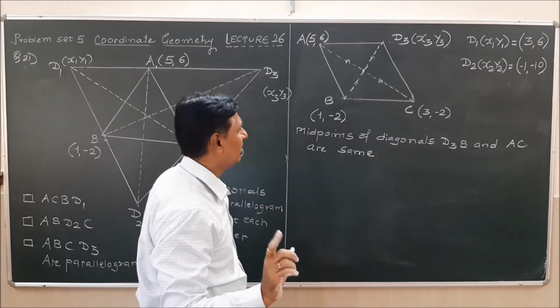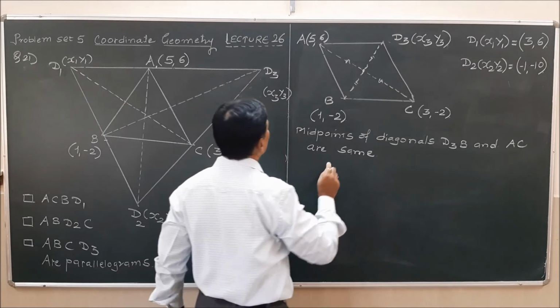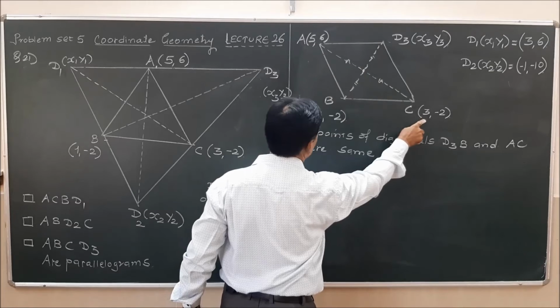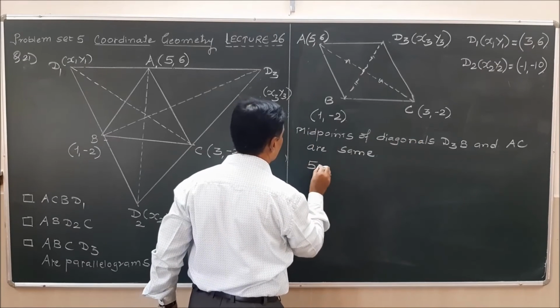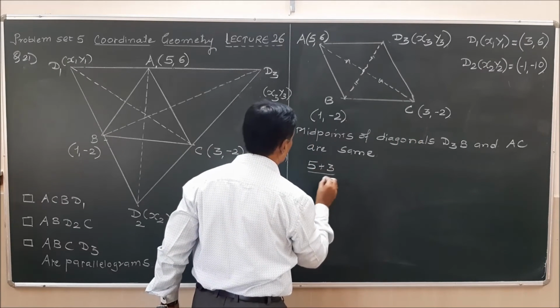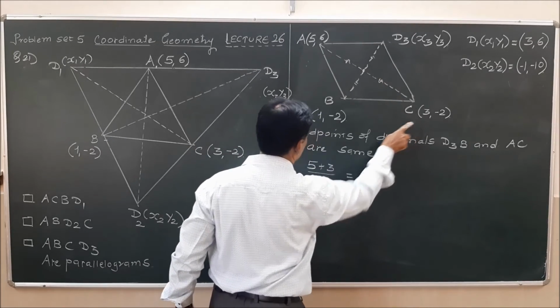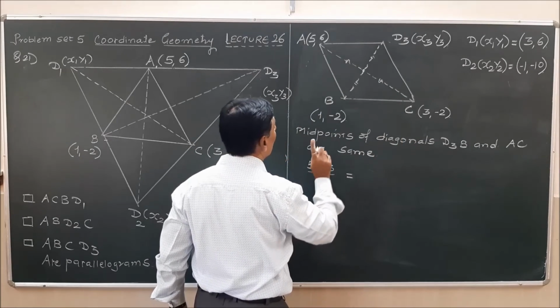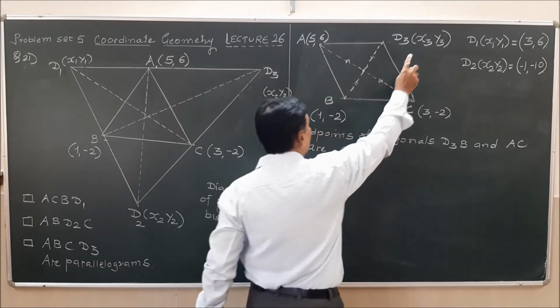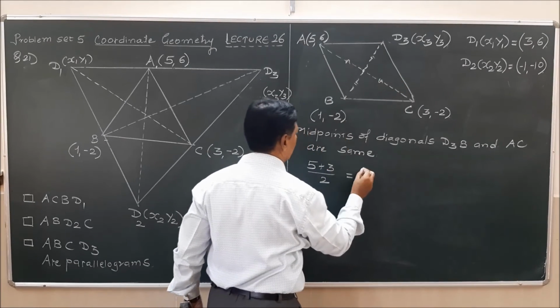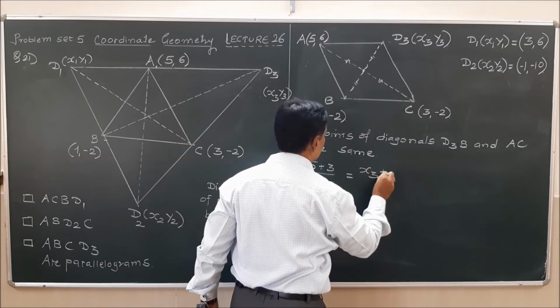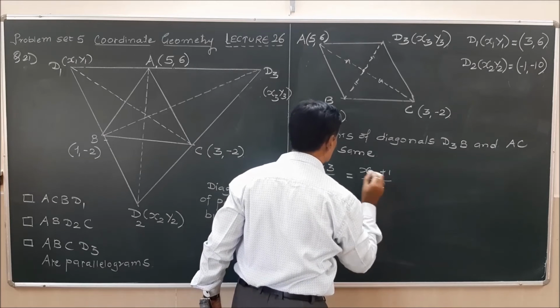Now look here, same there. Now you will find 5 plus 3 upon 2 is equal to x3 plus 1 upon 2.